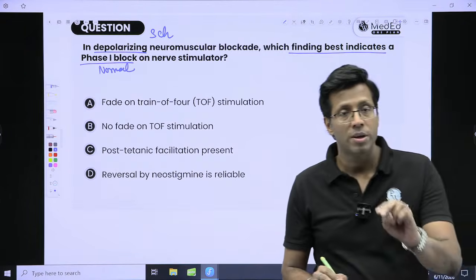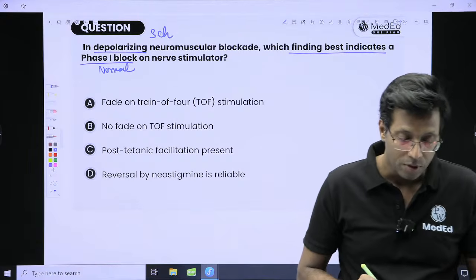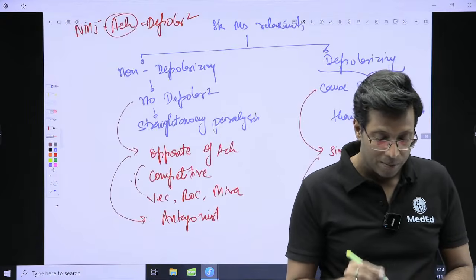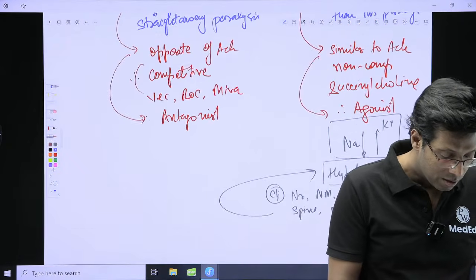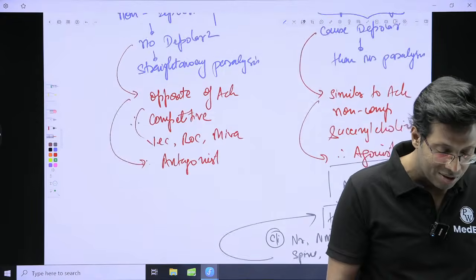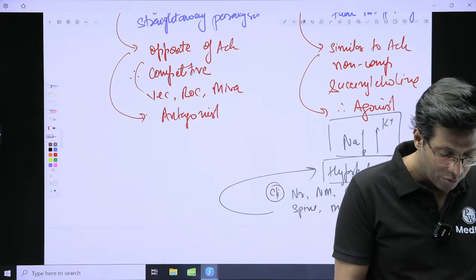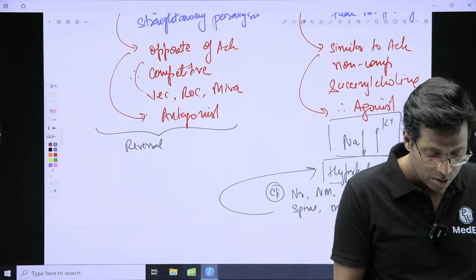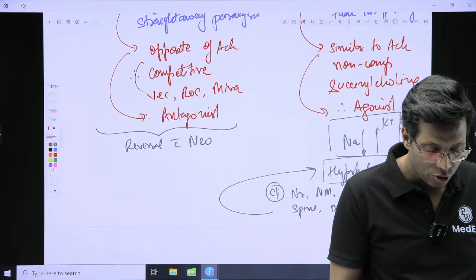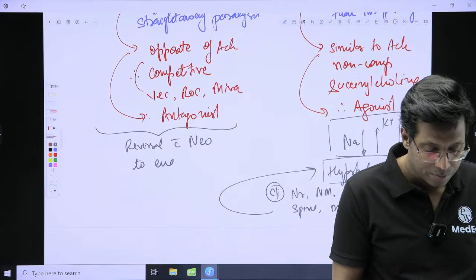Remember, succinylcholine has two types of blocks. Normally, succinylcholine gets destroyed by plasma cholinesterase, right? Routinely, for non-depolarizing, you will give a reversal with neostigmine to end the block.